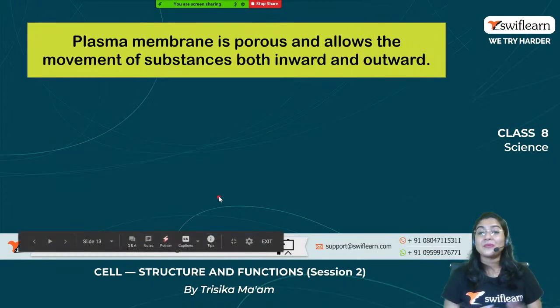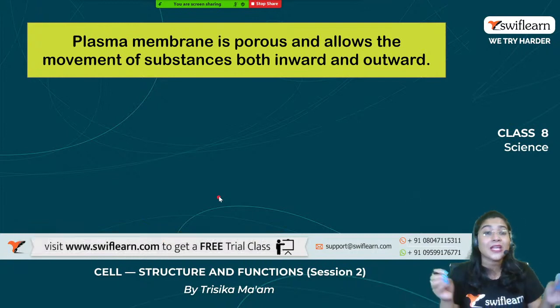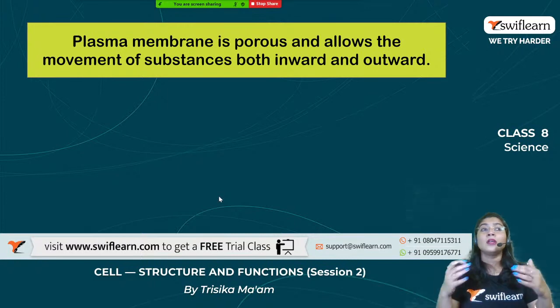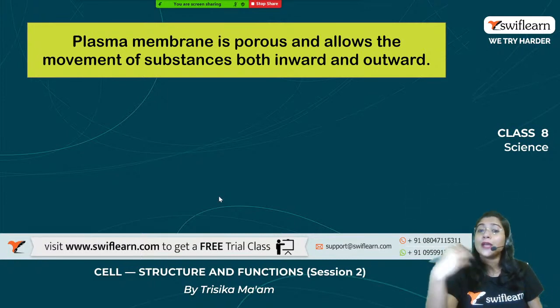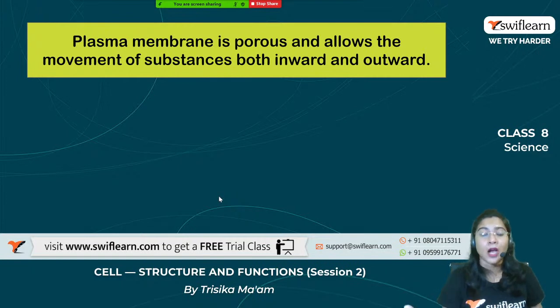The plasma membrane has lots and lots of pores within it. So this plasma membrane is porous, and it allows the different substances which need to come inside the cell to move in, or which need to go out of the cell to move outside.